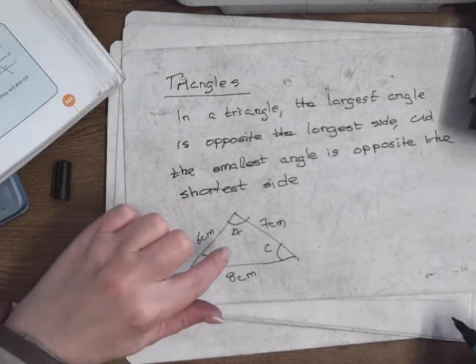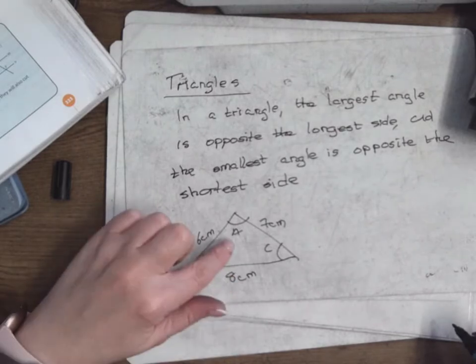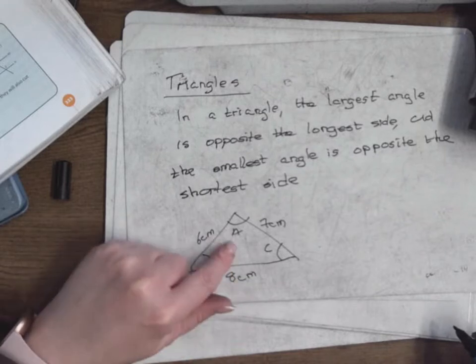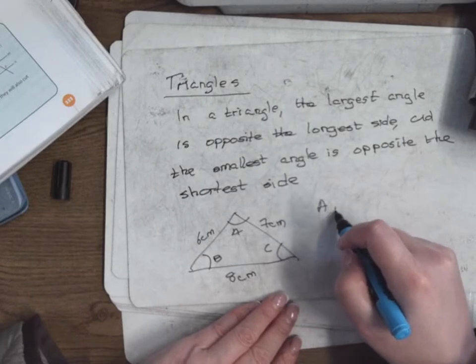Which is bigger, A, B, or C? A, because the largest angle is opposite the longest side. So the longest side is 8, 8 is opposite A. Would you agree? Right, okay. So A is the largest angle.